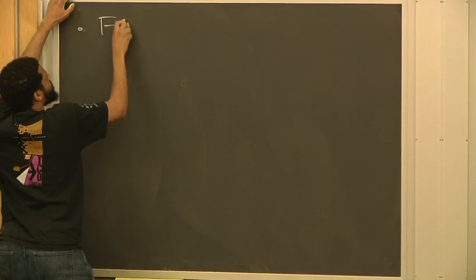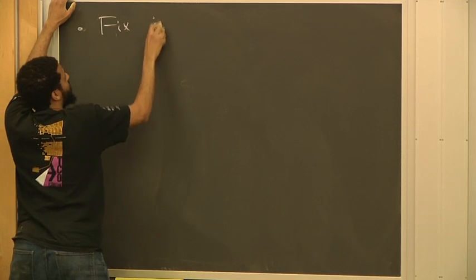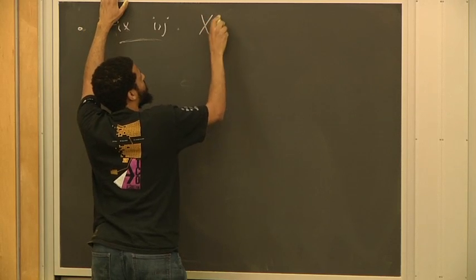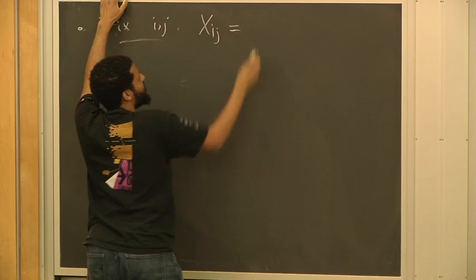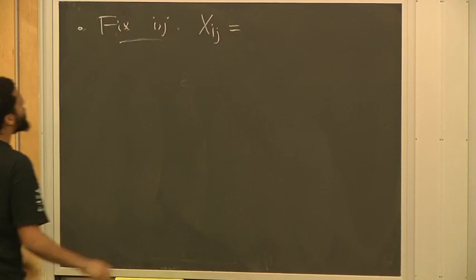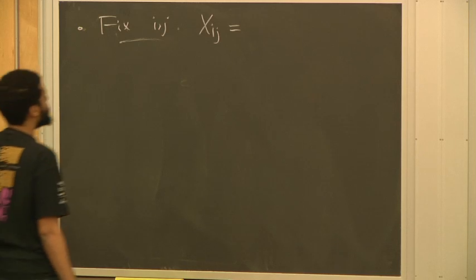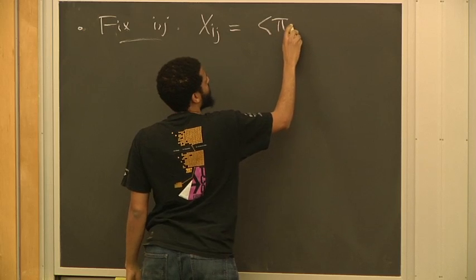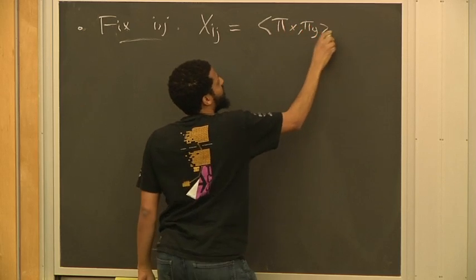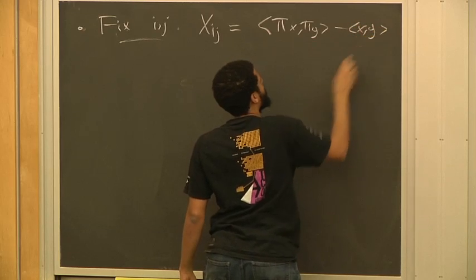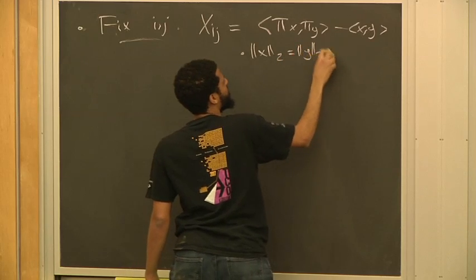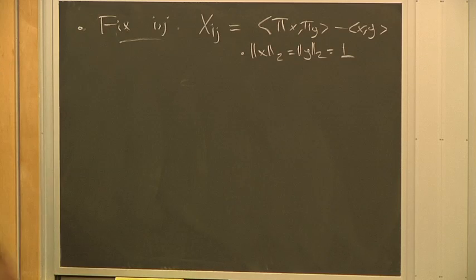So fix ij, and then xij is just equal to, let me call it, pi x dot pi y minus x dot y, where x and y have unit norm, because we scaled ai by its norm and bj by its norm.